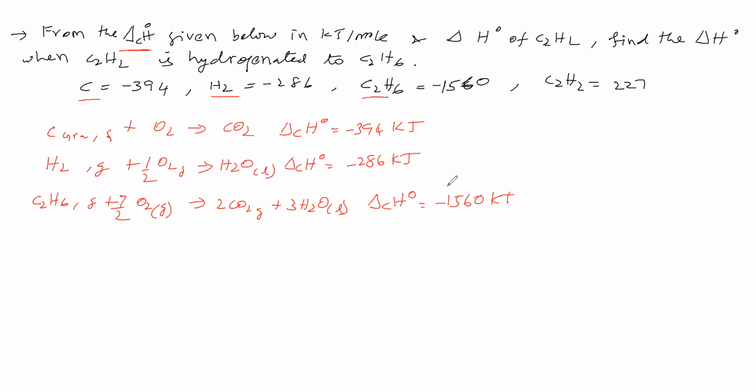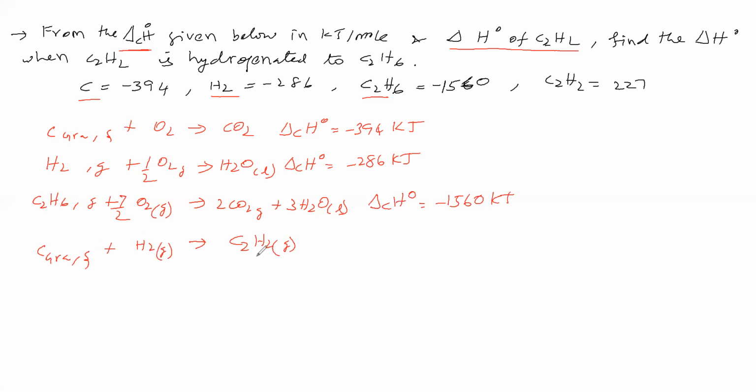Next, what is given is the standard enthalpy of acetylene. Standard enthalpy of acetylene means the standard enthalpy of formation of acetylene. So for formation of acetylene, we write acetylene on the product side, and on the left side we write the constituent elements: one is graphite, another is H2 gas.